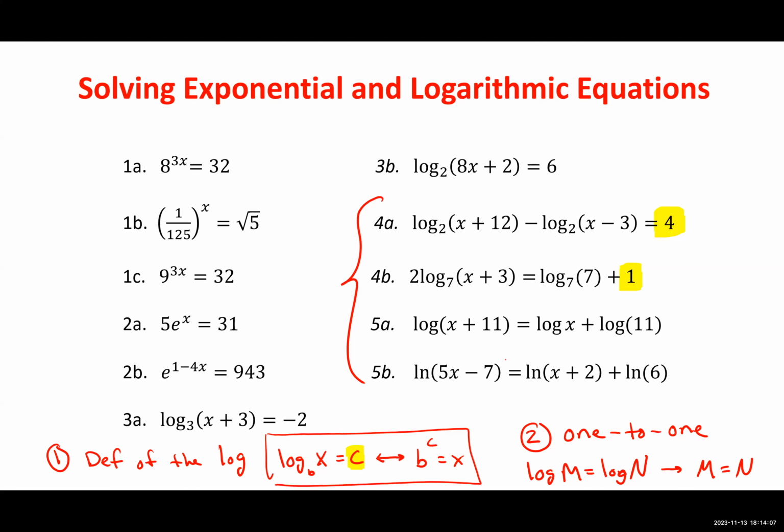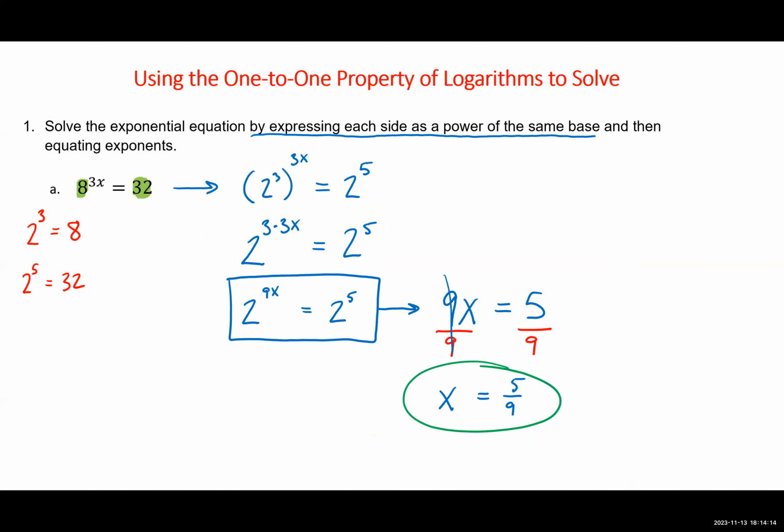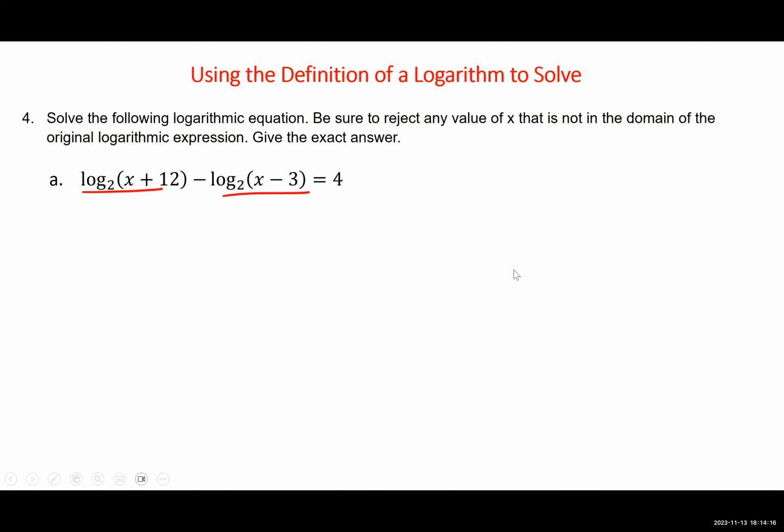All right, so let's go back to the individual problems one by one. These last four, see how they play out. When I see this, there's multiple logarithms, but I see a number by itself. So that tells me, I'm thinking, use the definition of the logarithm.